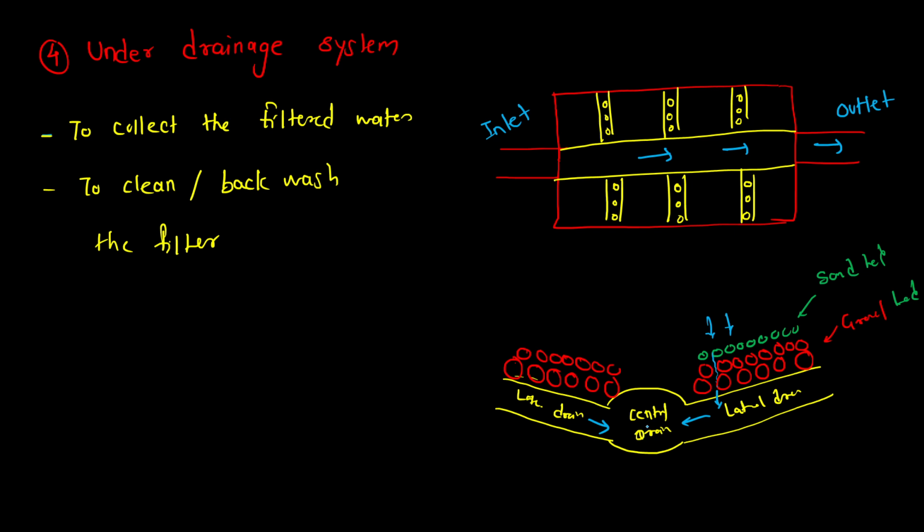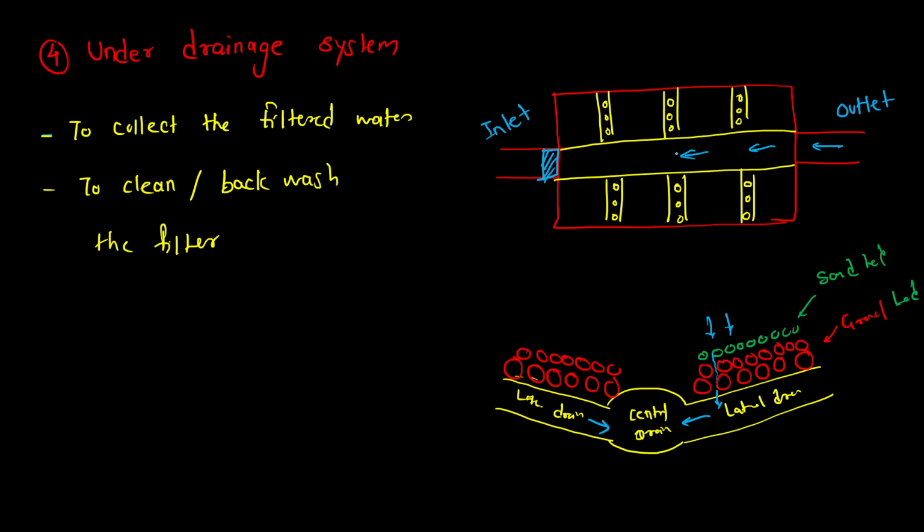But in case of rapid sand filter, this lateral or under drainage system is designed in such a way that if the inlet has been closed now, and instead of taking the water inside, I am supplying the water with force inside this central drain. I am applying some pressure to the water and the water is forced into this.